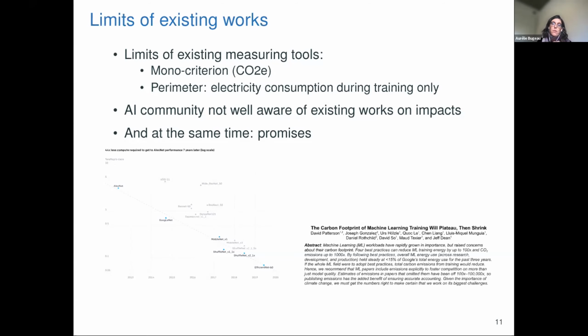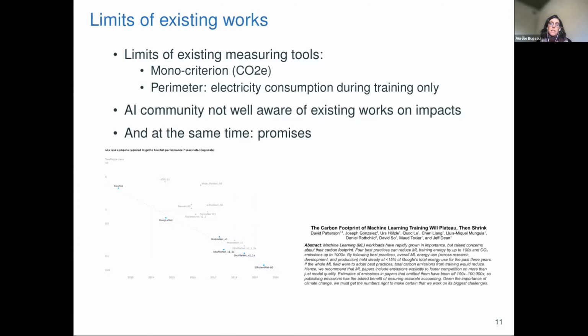And it's only a very small perimeter, which is electricity consumption during training only. It appears, as we saw with my colleague, that the AI community is not well aware of existing work on global impacts.